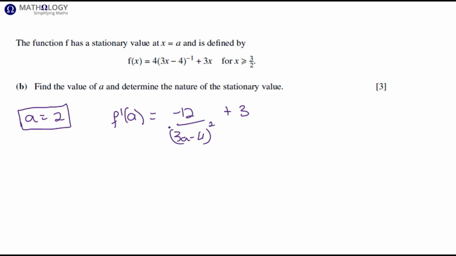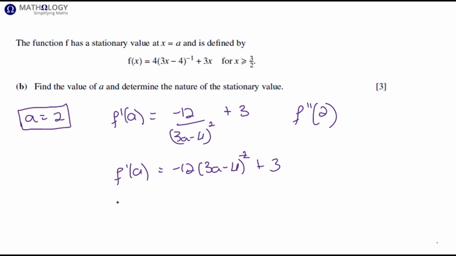Now to determine the nature of the stationary value, we need to find the double derivative where a equals 2. So we're just going to differentiate the first derivative. We're now going to find the second derivative.